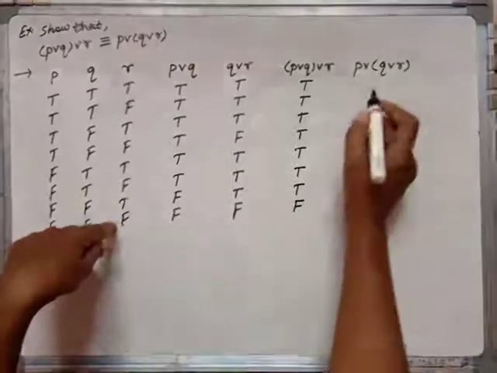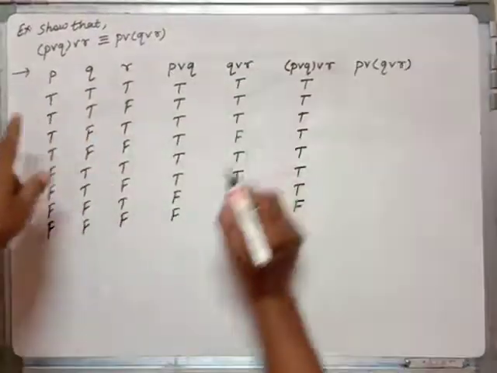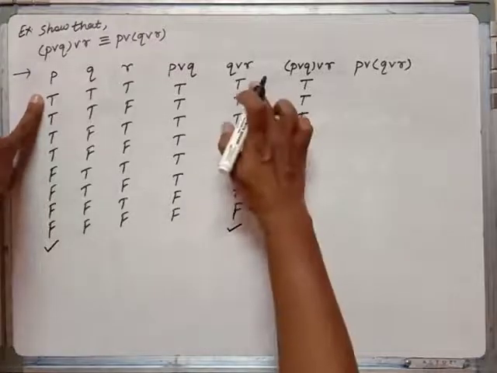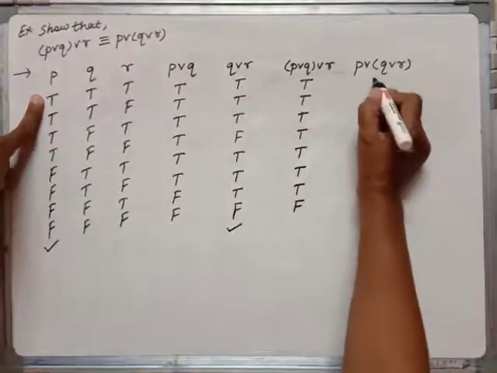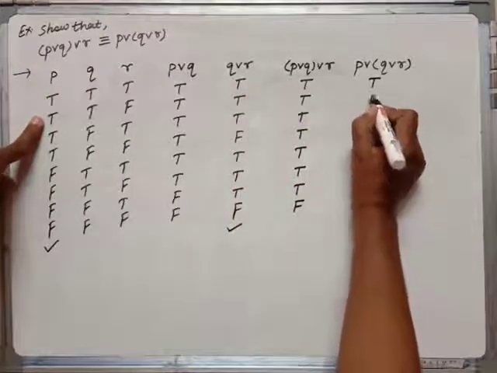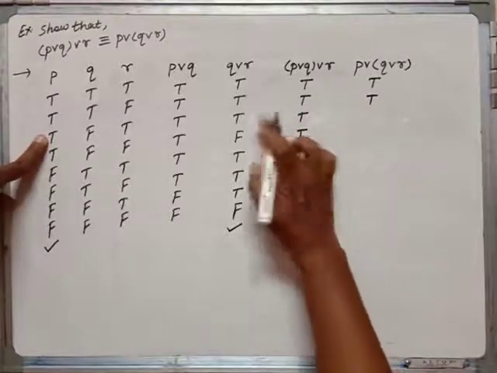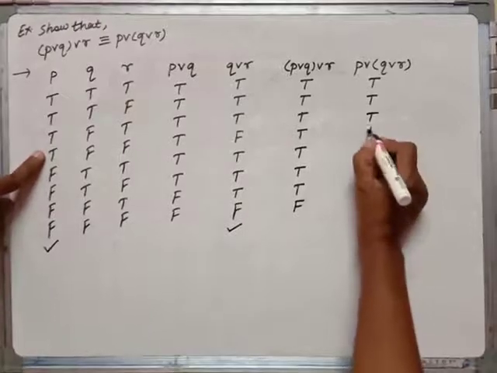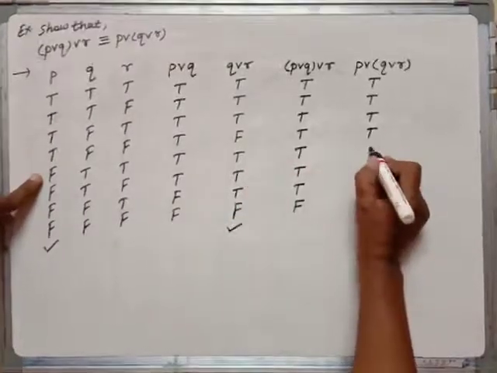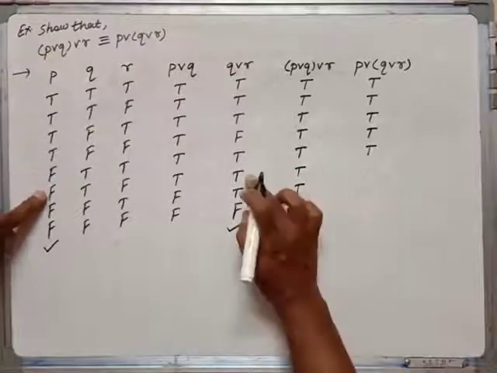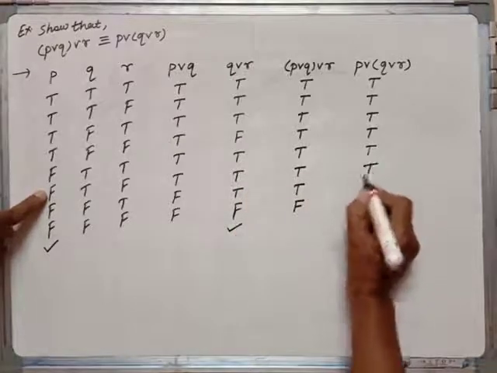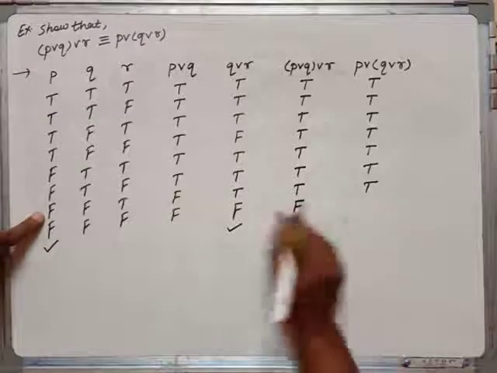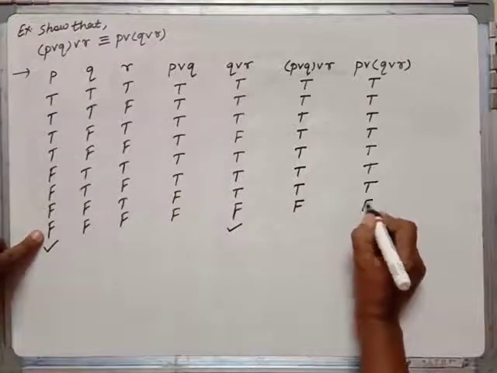Now P or (Q or R) means this and this P. Now again same, true true gives true, true true gives true, third one true true gives true, true false gives true, false true gives true, false true gives true, again false true gives true, and false false gives false.